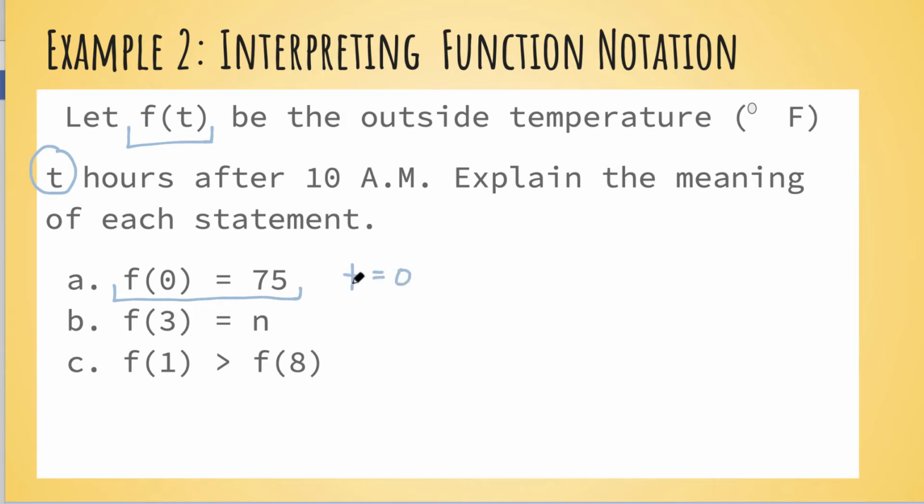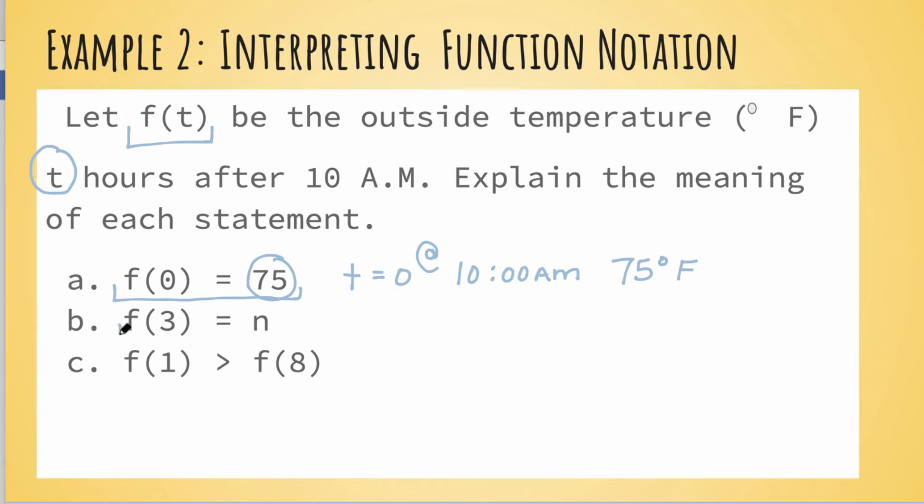So it's saying at time 0, so 0 hours after 10 a.m. So that really means at 10 o'clock or 10 a.m., the temperature is 75 degrees. So we could say at 10 a.m., the temperature is 75 degrees Fahrenheit.